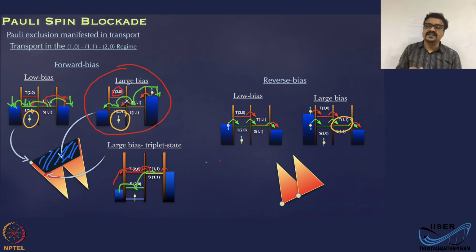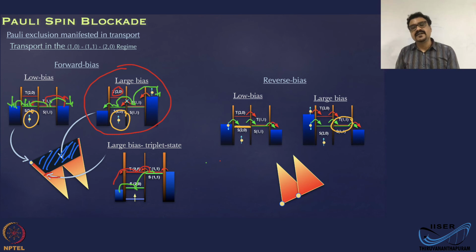They can take both the up state and also the down state in the large bias case. So in either case, the transport is never blocked in this situation. This state can never take a spin up electron. So the spin selection happens here itself, in the tunneling itself.